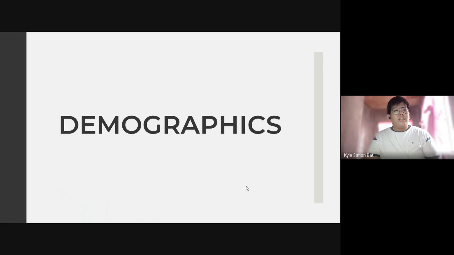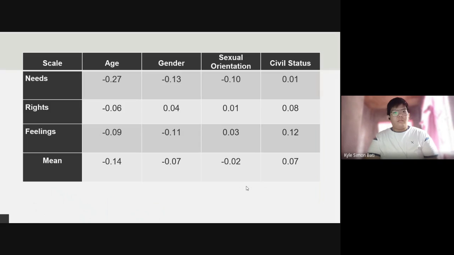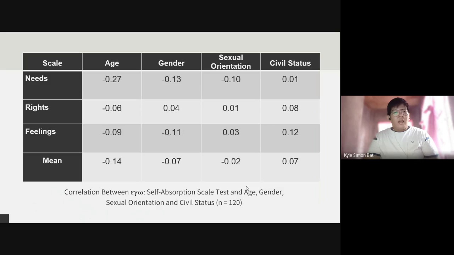Demographics. Approximately 120 people were made as samples, and this shows the demographics of those samples. As you can see in the table, civil status has the most value that can be correlated with these scales that we are measuring.